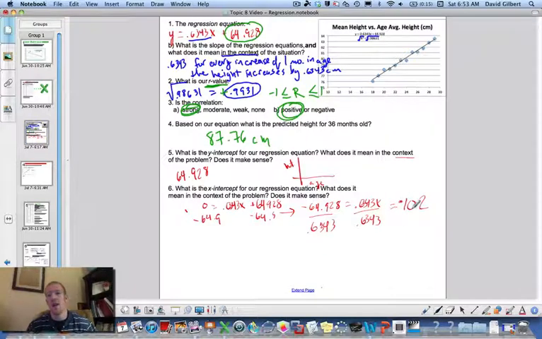This says at negative 102 months, so 102 months before they're born, they would be 0 height, and that clearly does not make sense because 102 months is almost 9 years. Women would not like that. That would be a very long gestation. I think that would be rough. So, no, this does not make sense. And there's really no way to justify that and say that it makes sense.